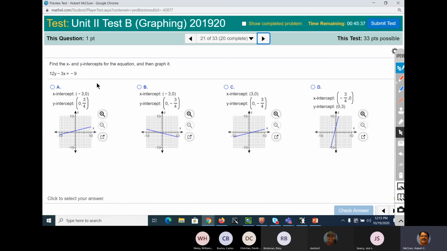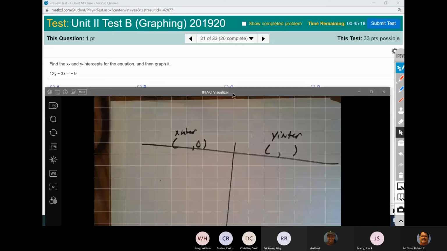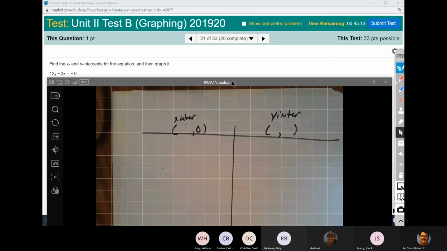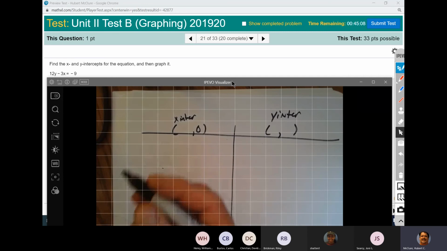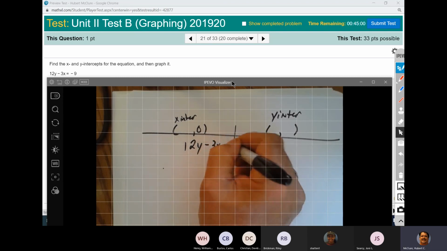Intercepts. X-intercept, 0 for y. Y-intercept, 0 for x. 12 minus 3x is equal to negative 9.